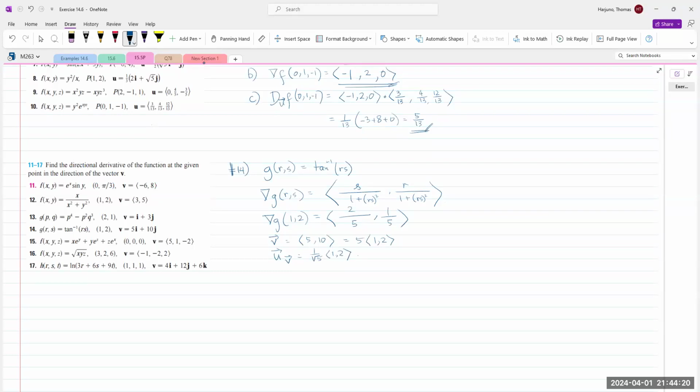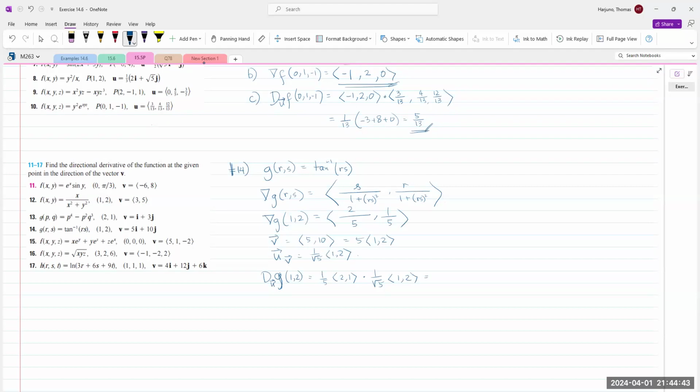Such that the directional derivative of the function g at (1, 2) in the direction of u will be 1/5 of (2, 1) dot 1 over radical 5 times (1, 2). That's 4, right?